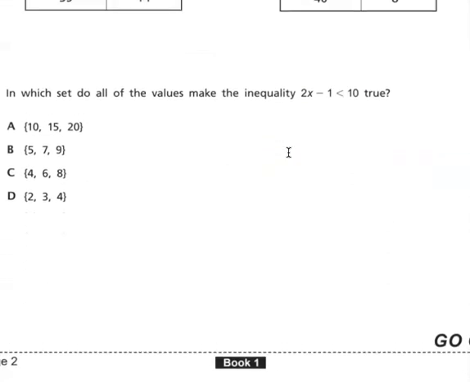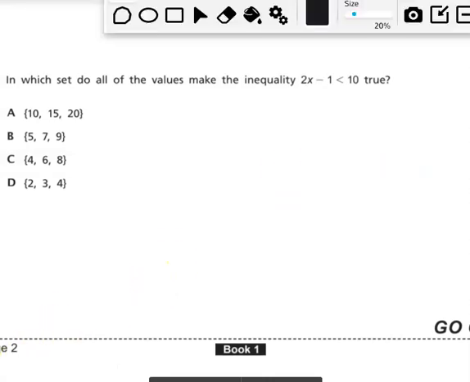Here we go. In which set do all the values make the inequality 2x minus 1 less than 10? So which of A, B, C, D will make the statement true at all times? I'll give you a minute. It's a tricky one.